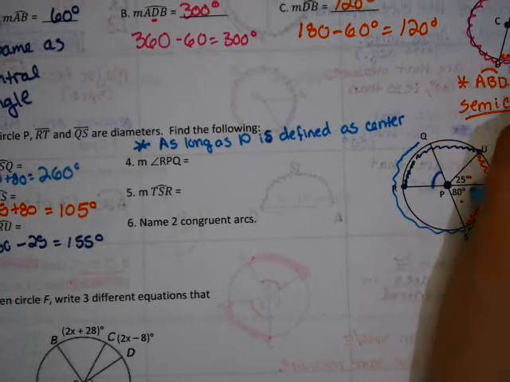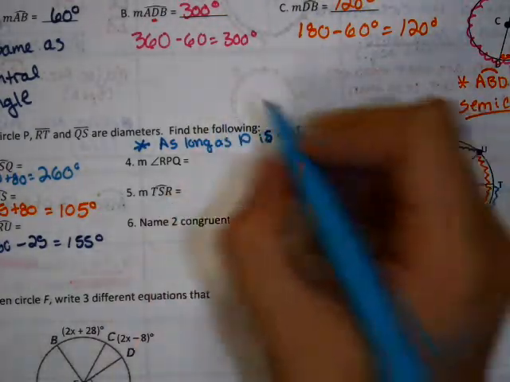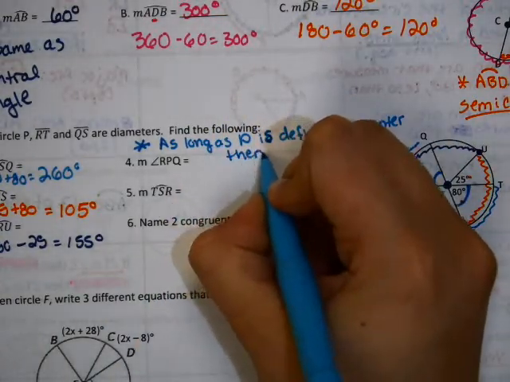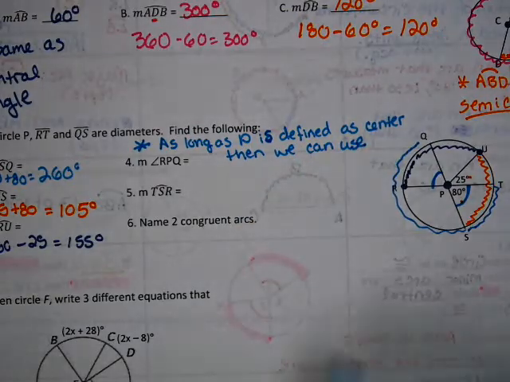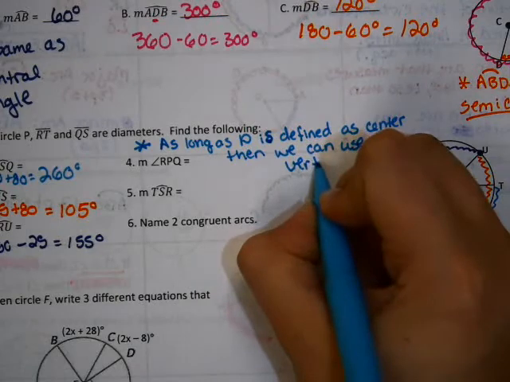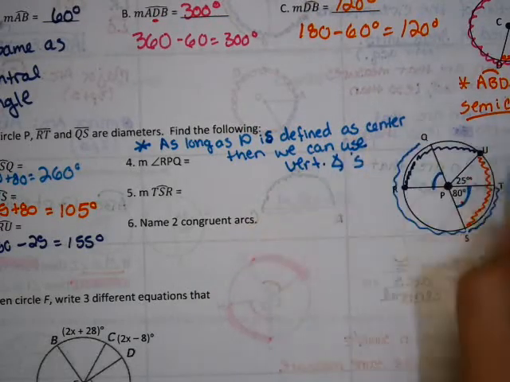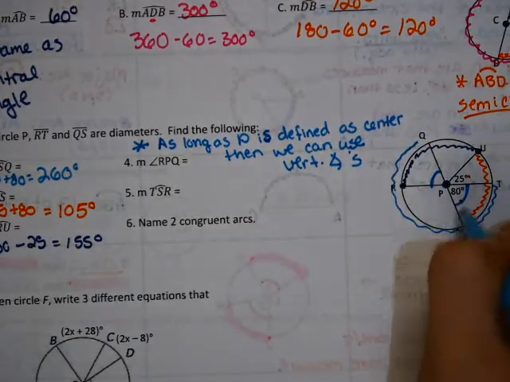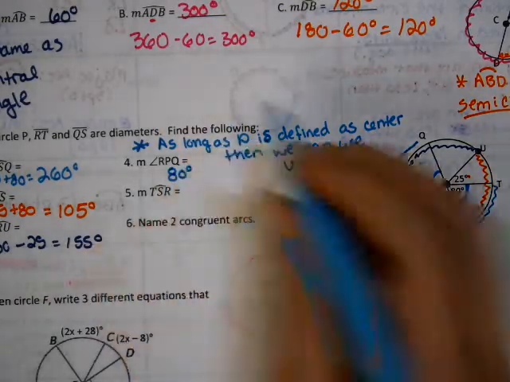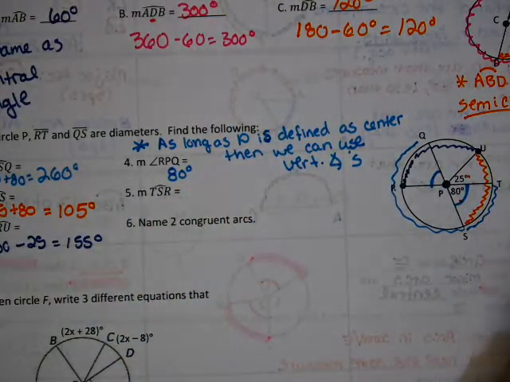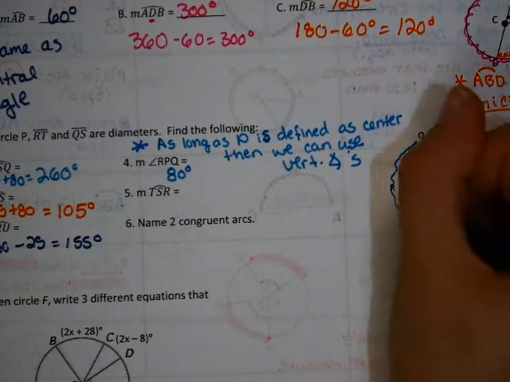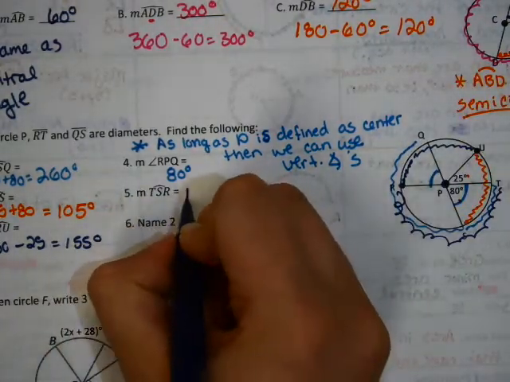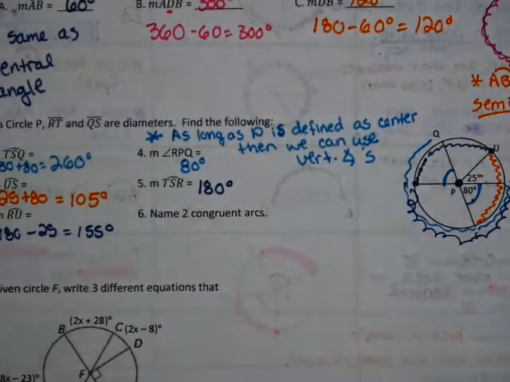Notice here that I have a pair of vertical angles. So if I know this is 80, this is also 80 degrees. Now let's find the measure of TSR, and it's a semicircle, so it's 180 degrees.